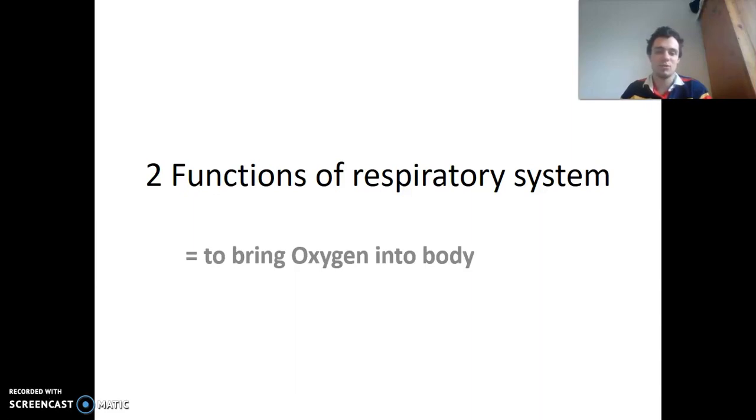If the first one's to bring in oxygen, what might the other one be? Is to get rid of carbon dioxide, so to remove carbon dioxide from the body. When we exercise, we produce carbon dioxide and we have to try and get rid of that, and this is one of the functions of the respiratory system. So two main functions: bring oxygen into the body and get rid of carbon dioxide out of the body.